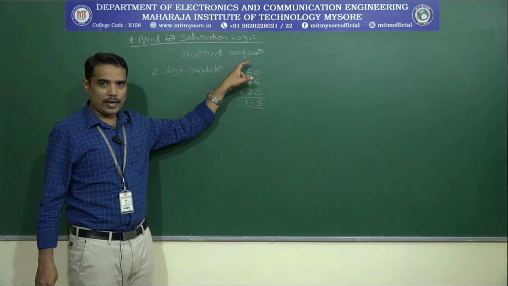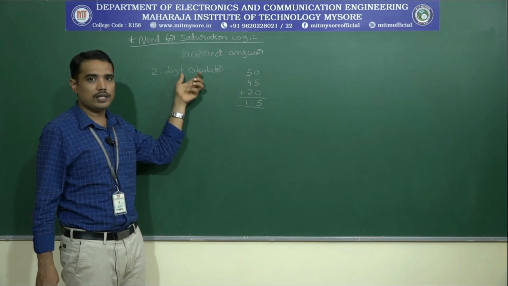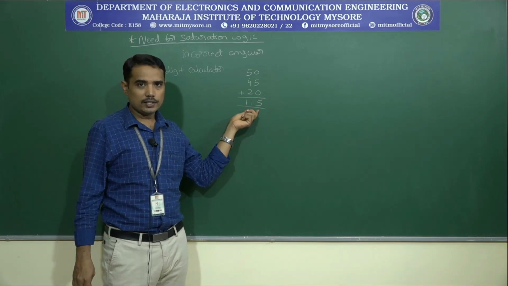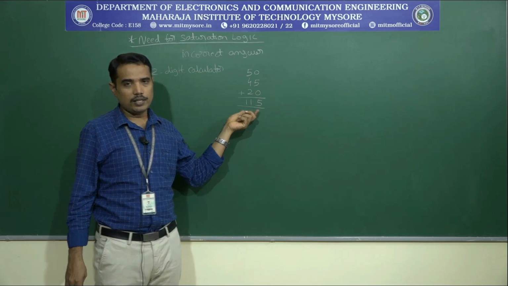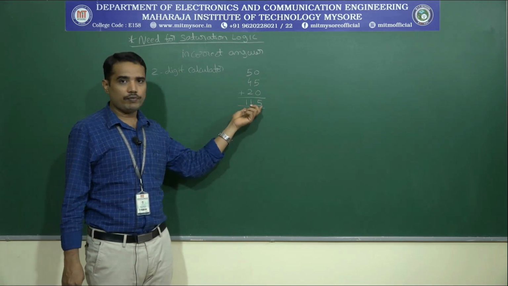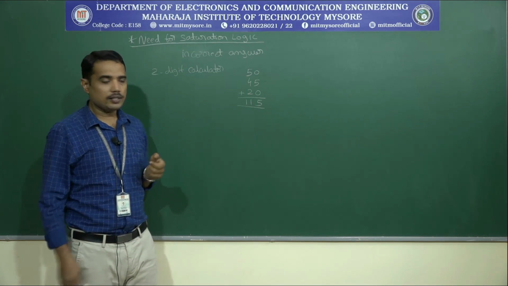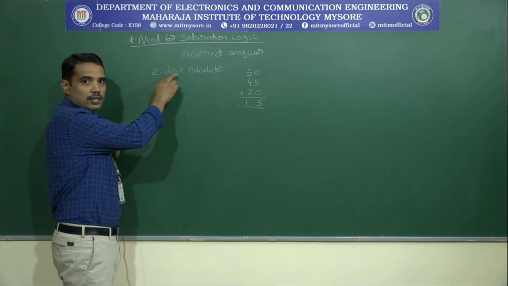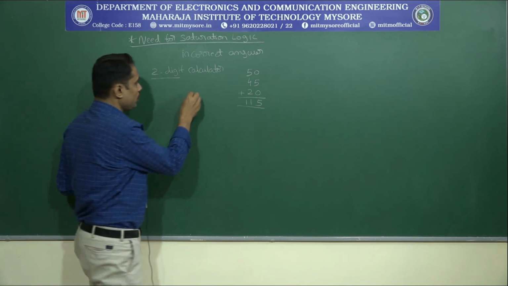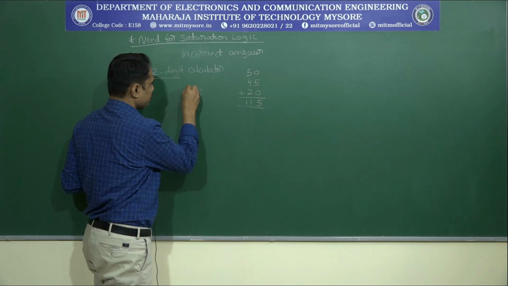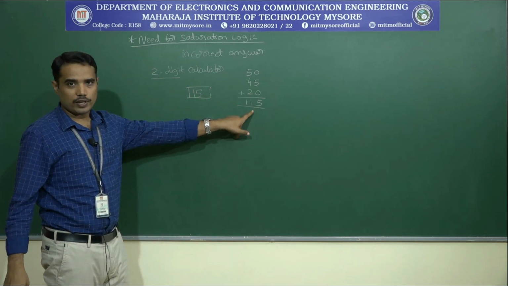If I try to add these 3 2-digit values in my 2-digit calculator, what is the result I am going to get? I am going to get 115. Is it possible to store this 115 in my calculator display? No, because my calculator is limited with respect to 2 digits. That means it can show only the answer as 15, but the actual answer is 115.